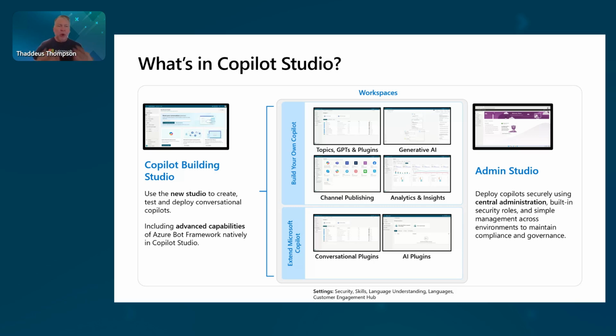However, you can also build your own Copilot for use throughout your organization or for your customers, vendors. Some people use it for B2B, B2C, and B2E to their employees. So like if you were doing onboarding or trying to ask IT questions or help and that sort of thing, it can be really quite useful there.